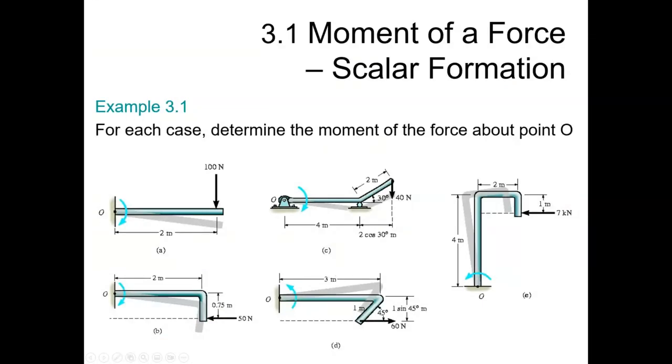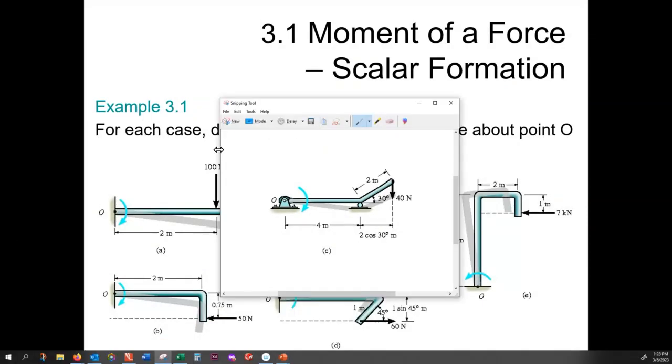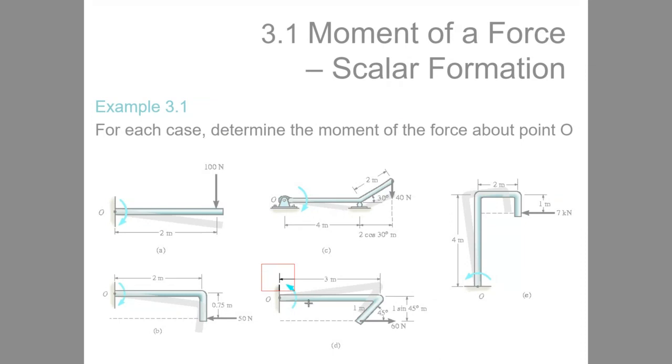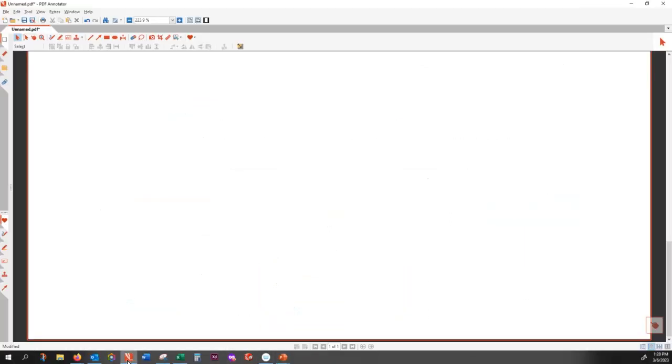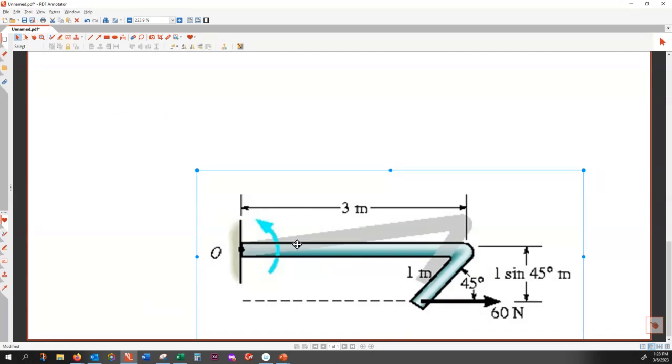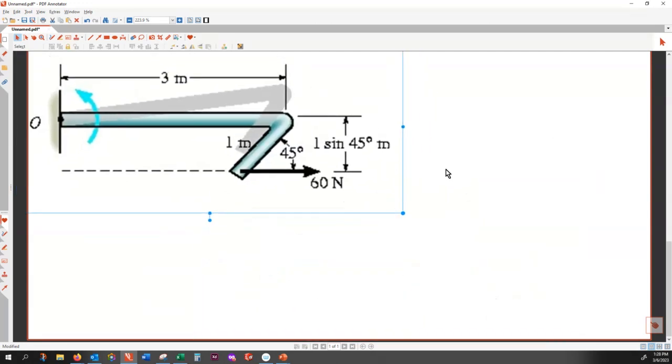The fourth one. The rotational effect of 60 Newton with respect to point O, that is equal to 60 Newton multiplied by shortest distance.